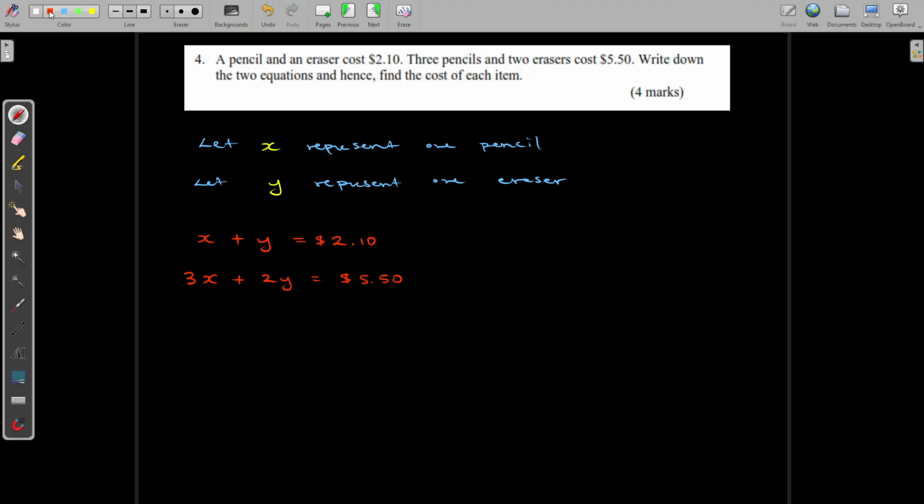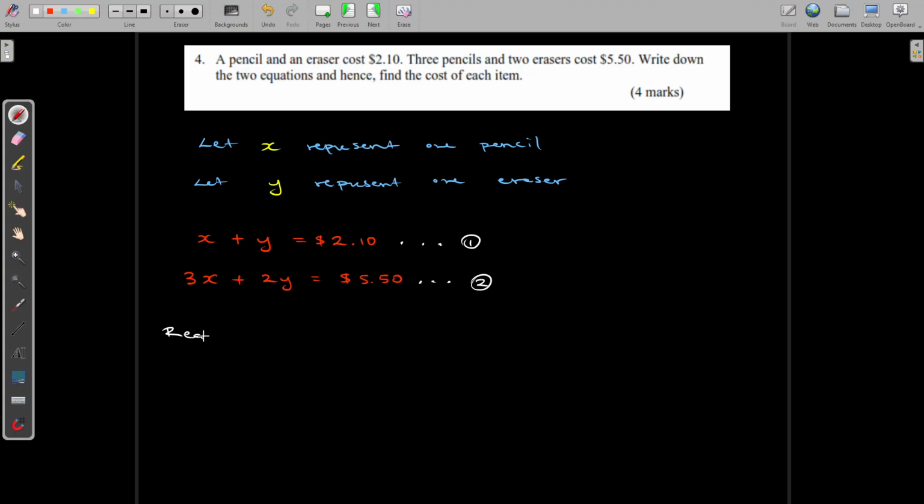So let's see how we can go ahead and solve this. So we can use method of elimination or method of substitution. However, seeing that we've been using substitution quite a lot, we'll be focusing on that. So this is equation 1 and equation 2. So for equation 1, we know that method of substitution requires us to isolate one of the easy variables. So we could make x the subject for equation 1.